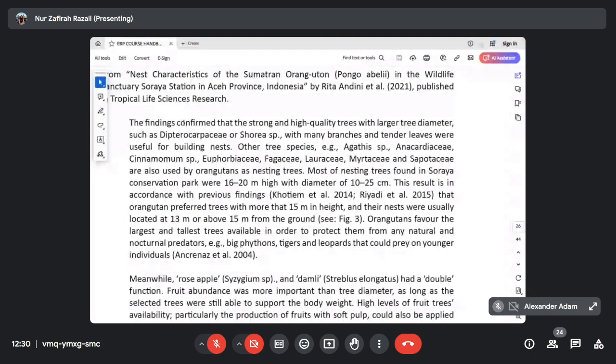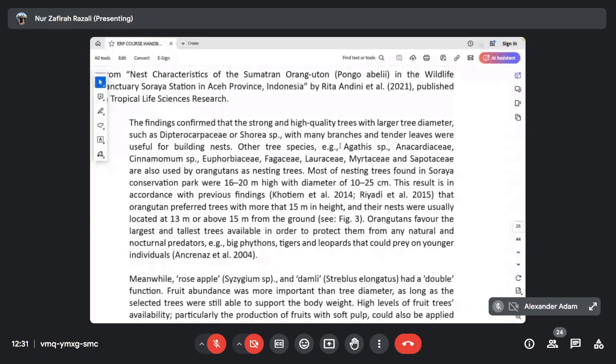The findings confirm that the strong and high quality trees with larger tree diameter, with many branches and tender leaves were useful for building nests.